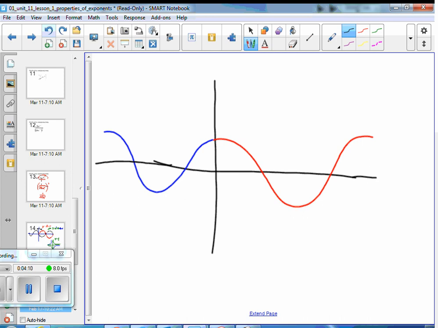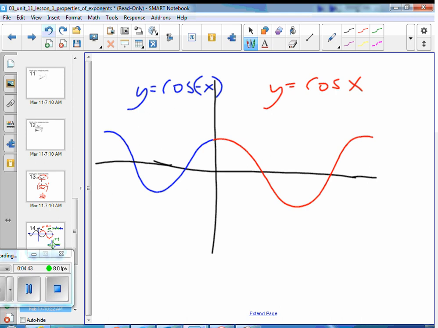You know what I'm saying? It's on top of itself. So if this is regular cosine, the red one, compared to this one, cosine with a negative on the inside, it's like nothing happened. So in other words, if you have a negative on the inside on cosine, you don't do anything. You leave cosine alone.